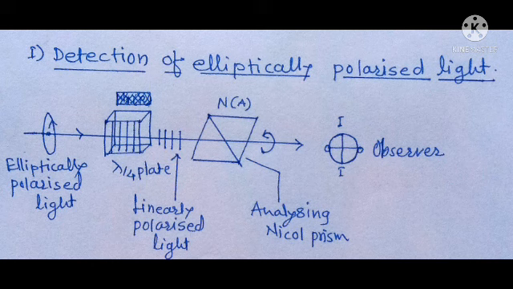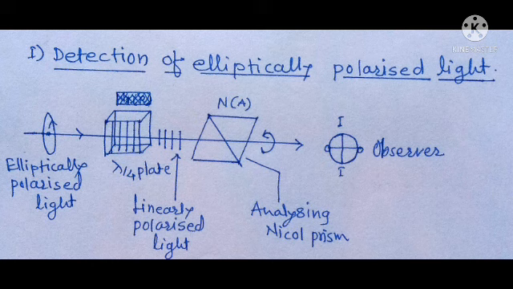After passing elliptically polarized light through the quarter wave plate, linearly polarized light is observed, which is incident on Nicol prism A, which is rotated through 180 degrees. After rotation, it shows two minimum intensity positions and two maximum intensity positions. By this observation, we can say that the light is elliptically polarized.